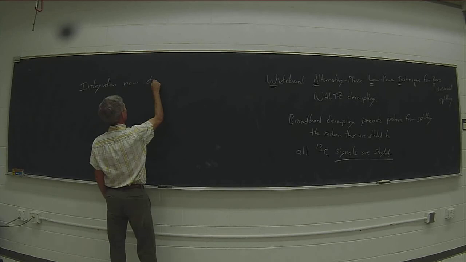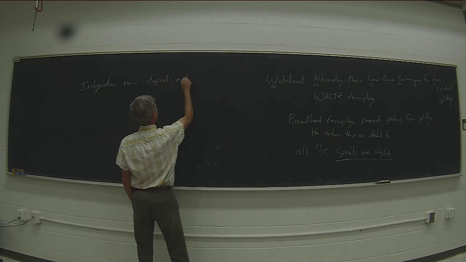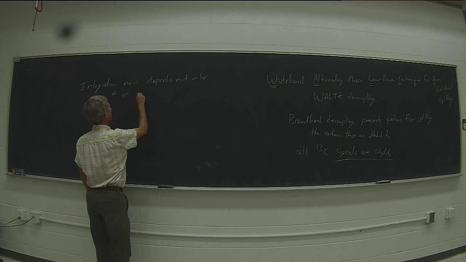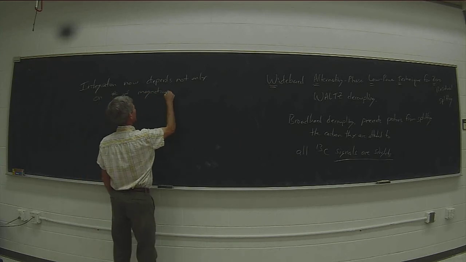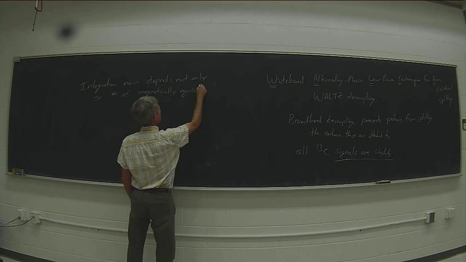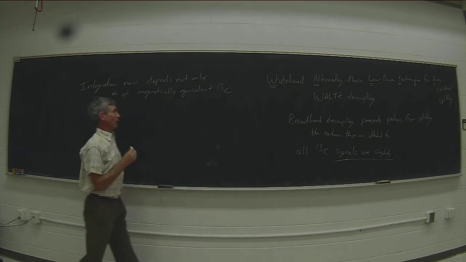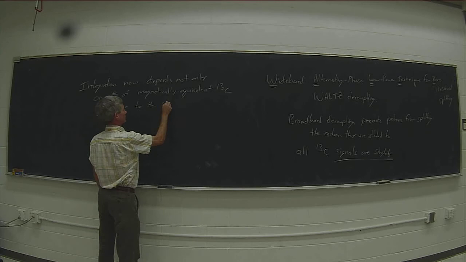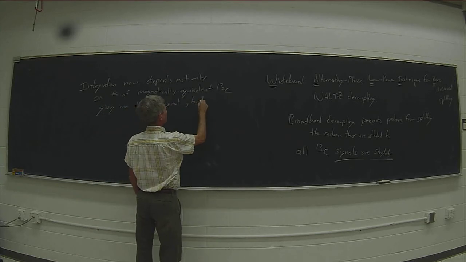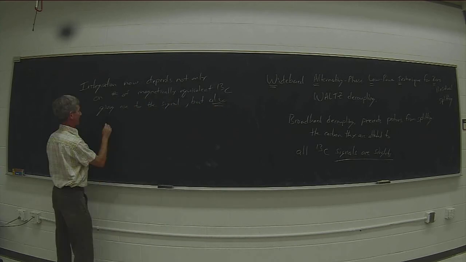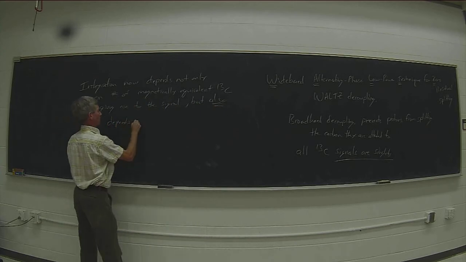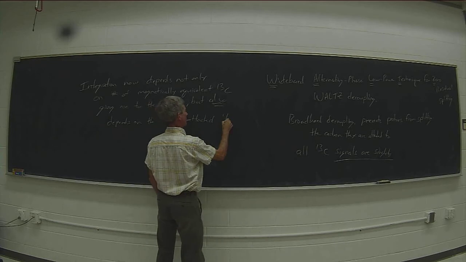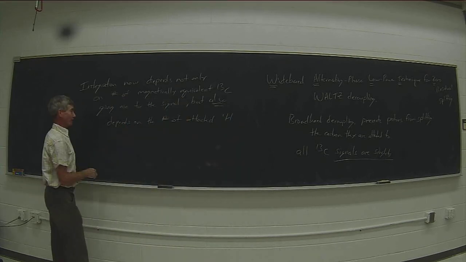Because the integration now depends not only on the number of magnetically equivalent carbons that give rise to that signal, but the integration also depends on the number of attached hydrogens. The more hydrogens that are attached, the more intense the peak will be.